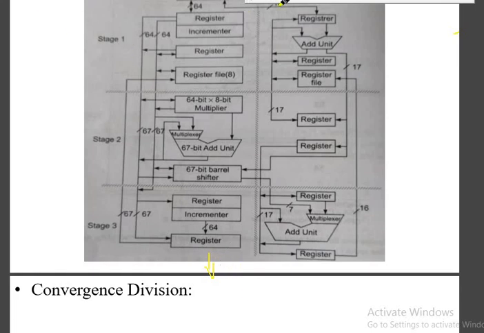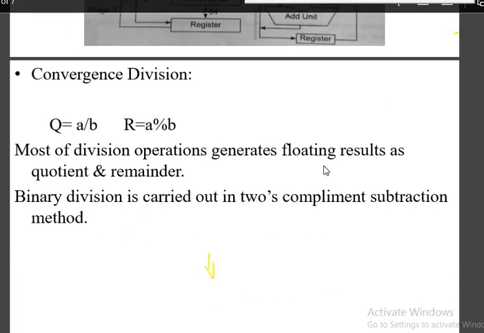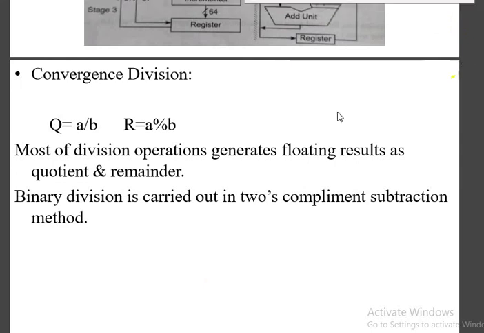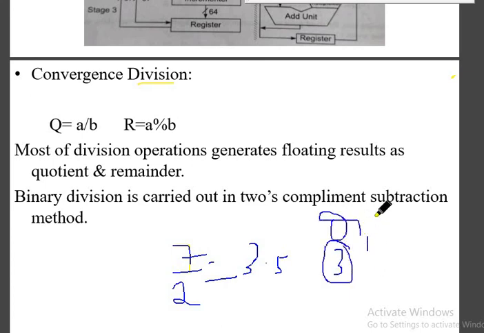Here, one last small definition: what we mean by the division operation. In our day-to-day life, if I write 7 divided by 2, we have a practice of writing it as 3.5. Actually we have to write 3 with 1, that means 3 is the quotient and 1 is the remainder.